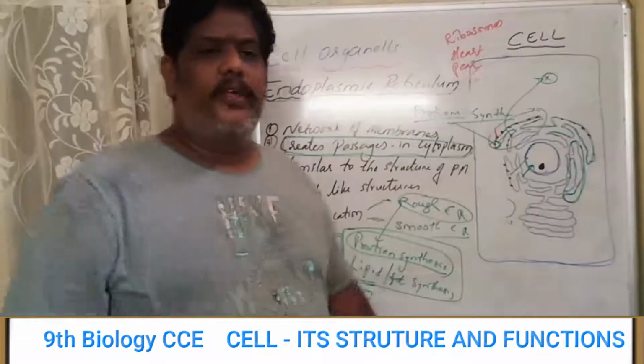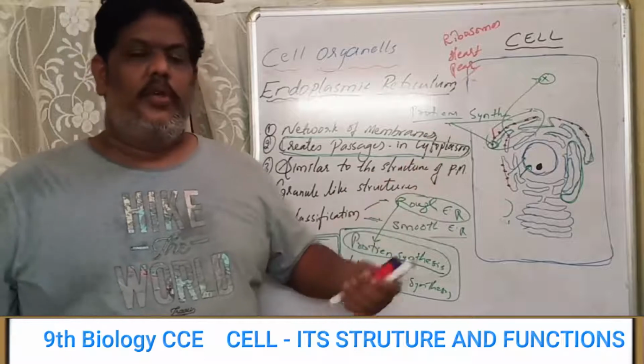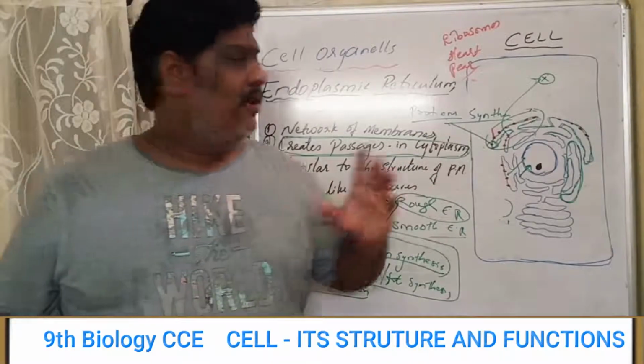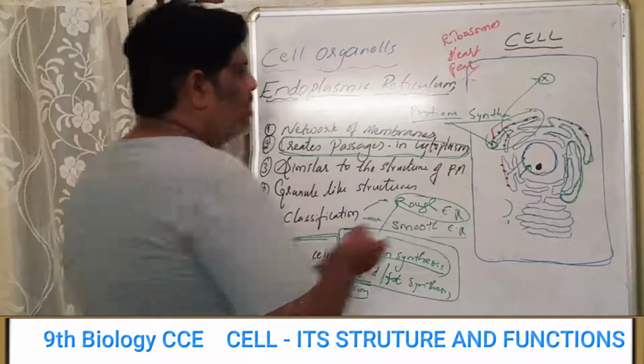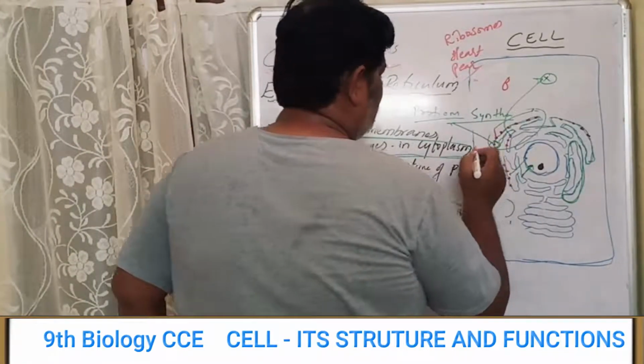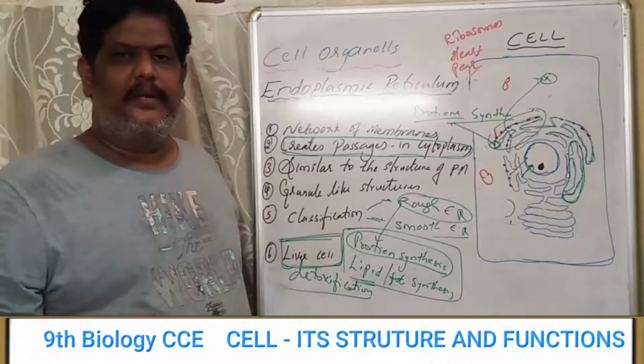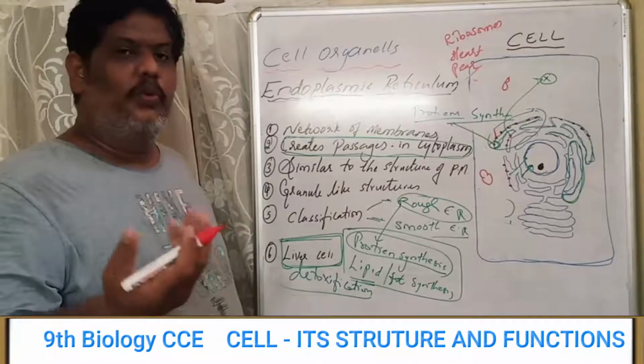As we are talking about the ribosomes, let's see a few things about the ribosomes also. These ribosomes are basically, I told you, pear-shaped or heart-shaped. There are two types of ribosomes here.